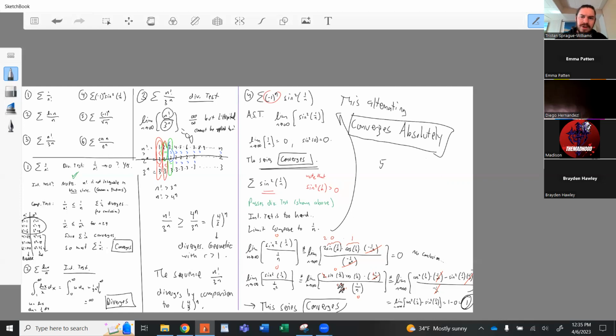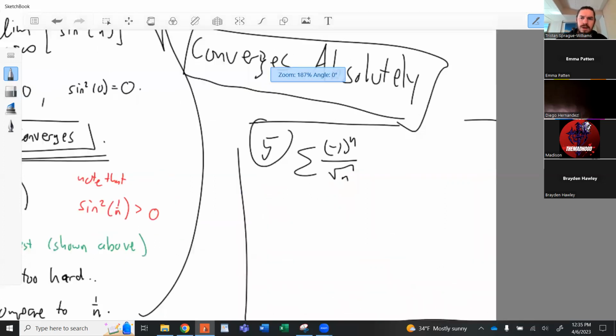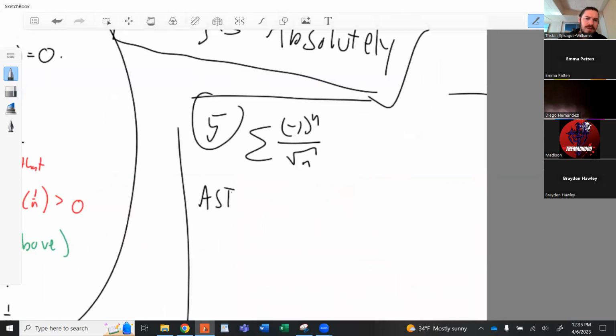Okay, I'm going to squeeze 5 into this little gap here because 5 is an easy one. 5 is pretty quick. We had here the negative 1 to the n over square root of n. By the AST, since 1 over the square root of n goes to 0, it converges.